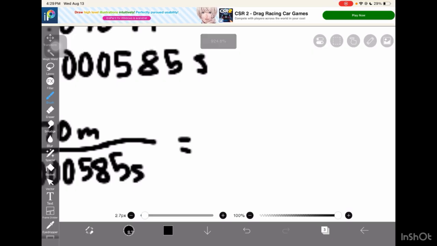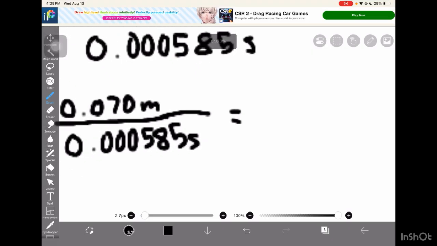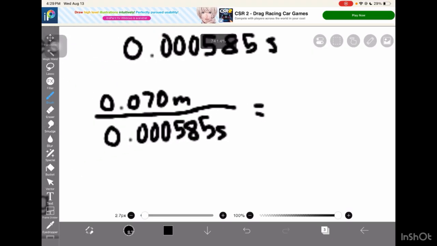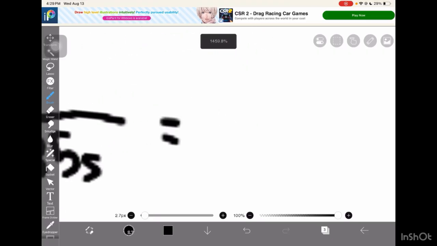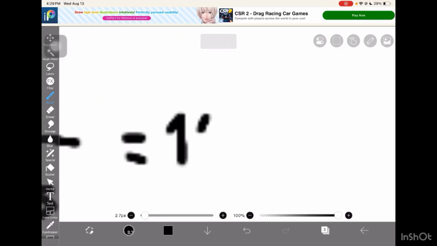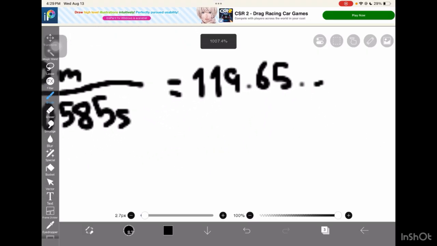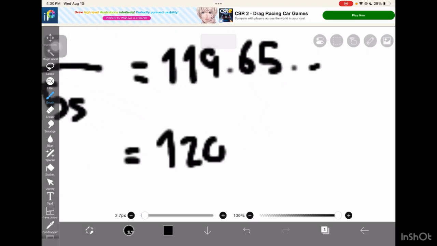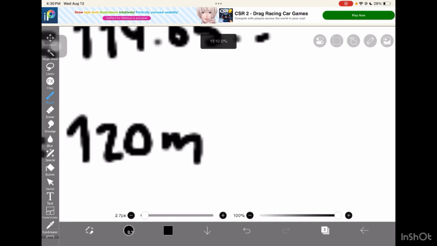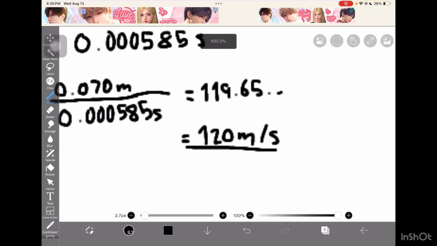We have two SFs here, and how many is this? 3 SFs here. So we need 2 SFs. 119.65, and then equals 120 because we want SFs, meters per second. So that's our letter A.